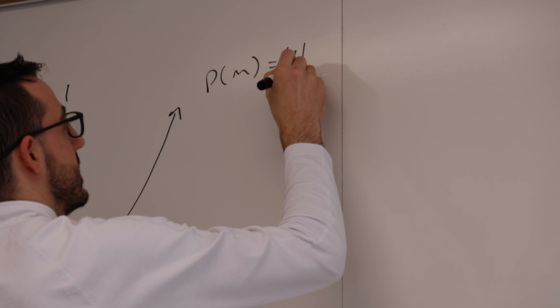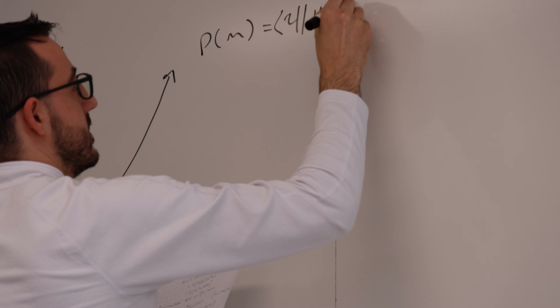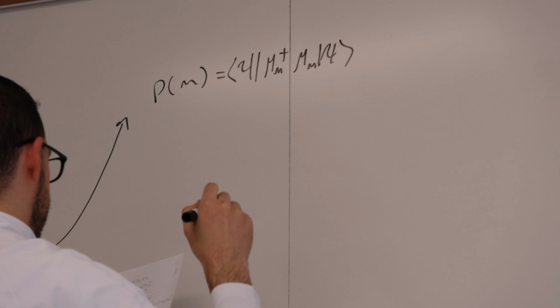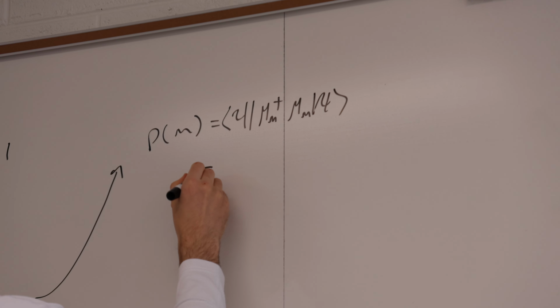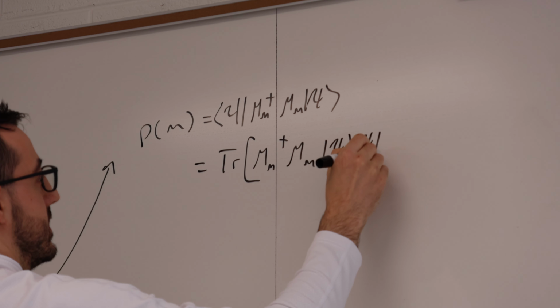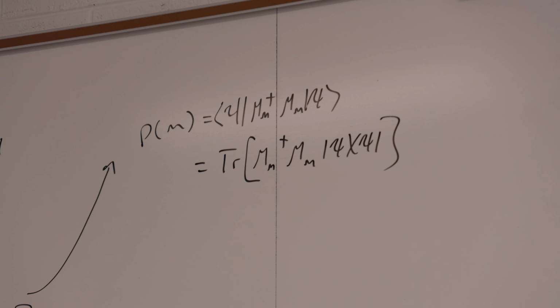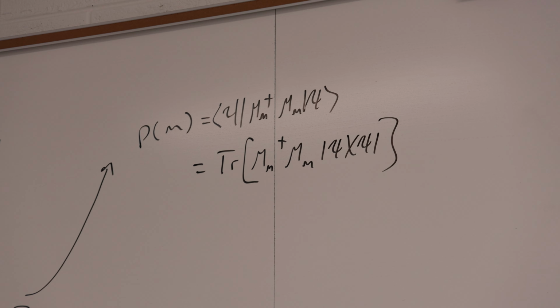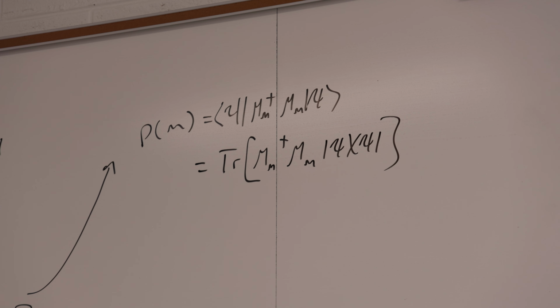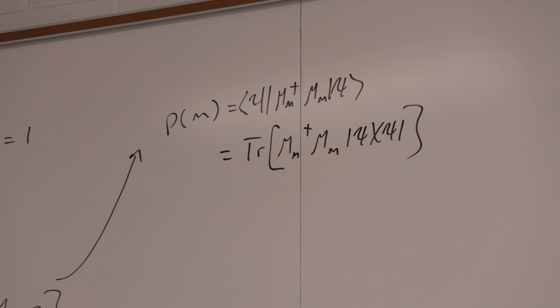This is psi dagger M_m dagger M_m psi. And then I can rewrite this, again, using the same rule, as the trace of M_m dagger M_m, outer product psi psi. So that's essentially the intuition. And then you just have to use the linearity property to do it for all of this.